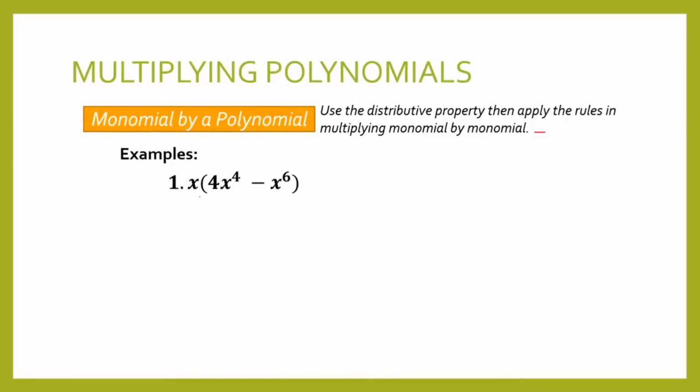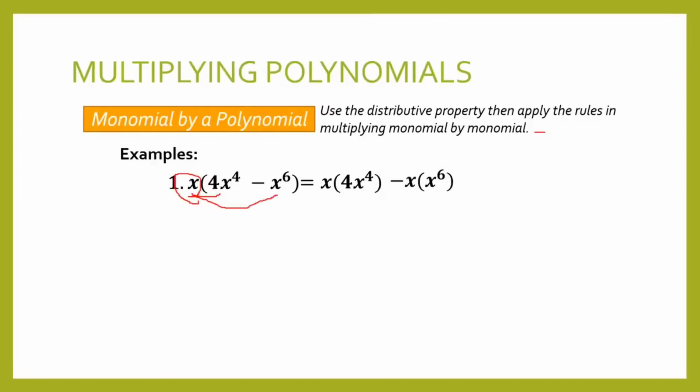We are multiplying x times the quantity 4x raised to 4 minus x raised to 6. For us to answer that, it says there, we distribute. We distribute our multiplier, which is x, multiplied by 4x raised to 4, and then x times negative x raised to 6, or we state it as x times 4x raised to 4 minus x times x raised to 6.